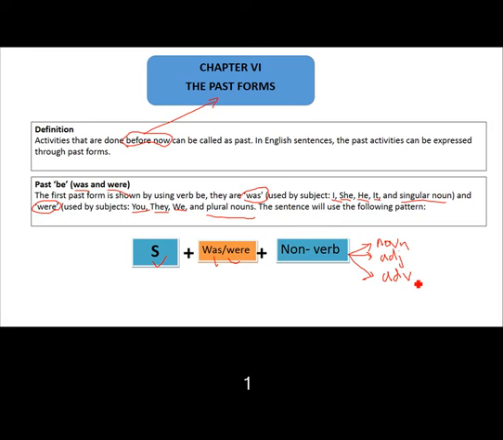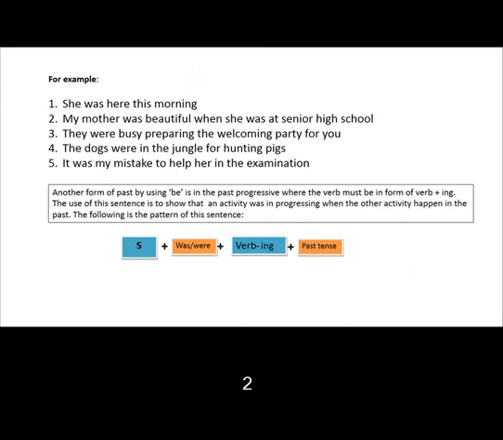Here, the adverb can be of time, like today, tomorrow, yesterday, in the afternoon, in the morning, and so on and so forth. And second, it can be in the form of adverb of place, like here, there, in the kitchen, or in the bathroom, and so on.